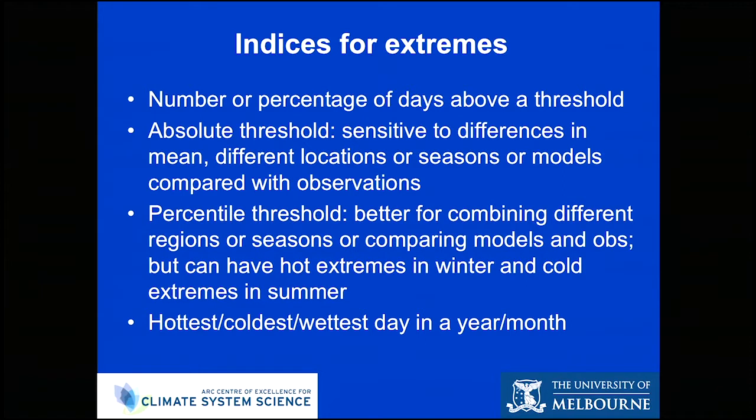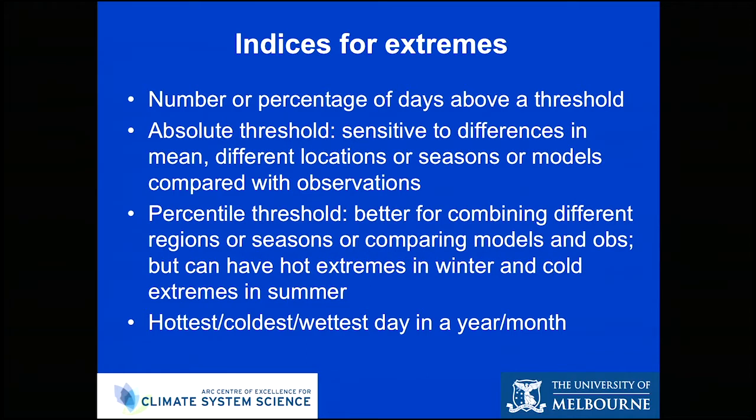In practice, percentile thresholds are effectively self-normalizing. You're counting the exceedances relative to the distribution and the percentiles from whatever data set you're using, which means they're better for comparing across different parts of a country or between models and observations.